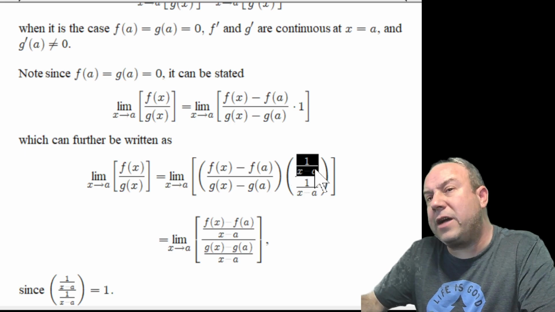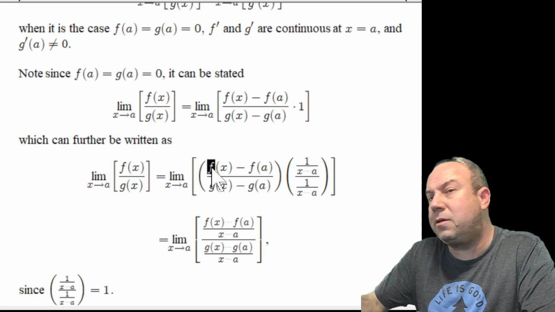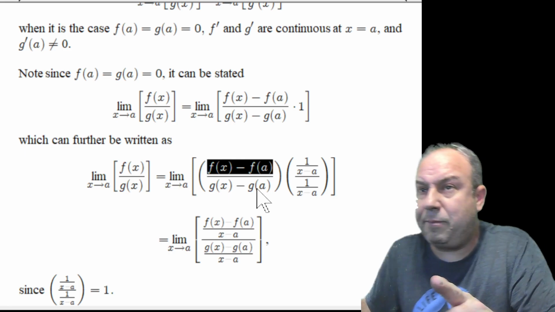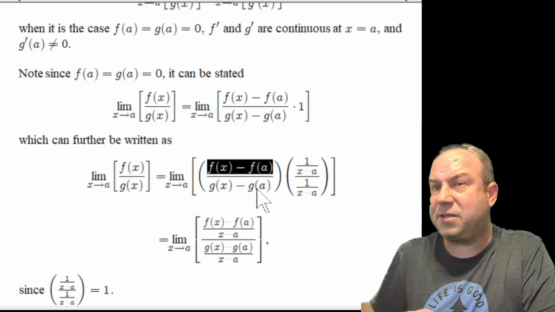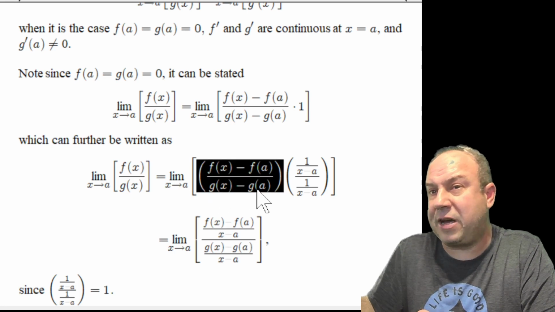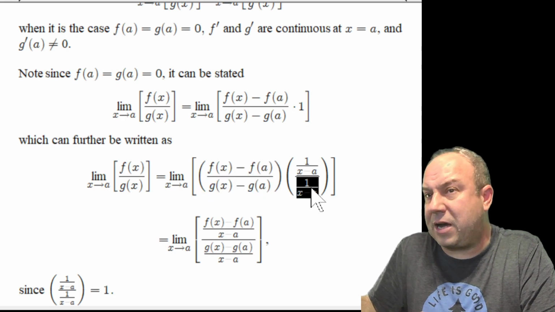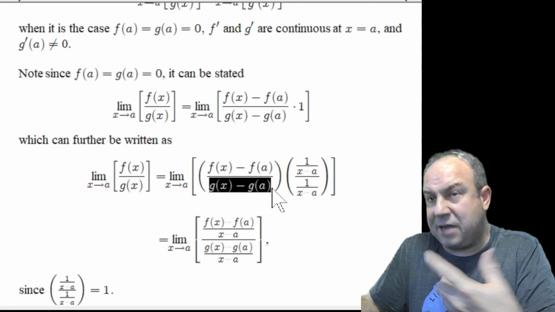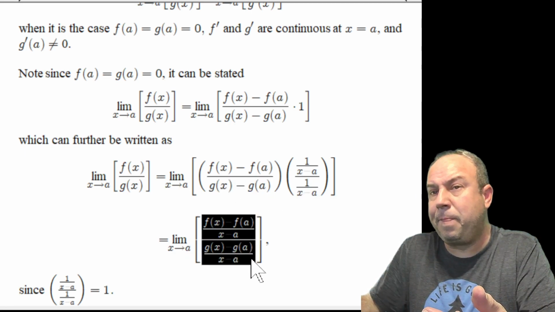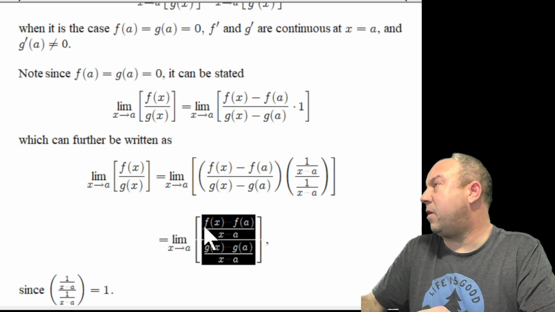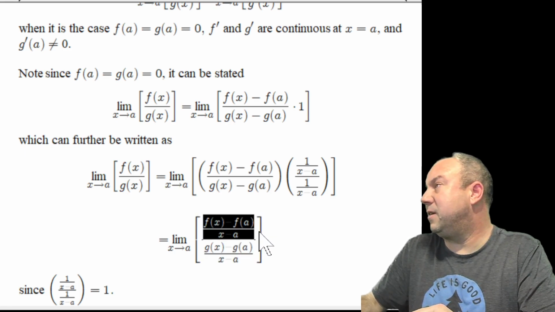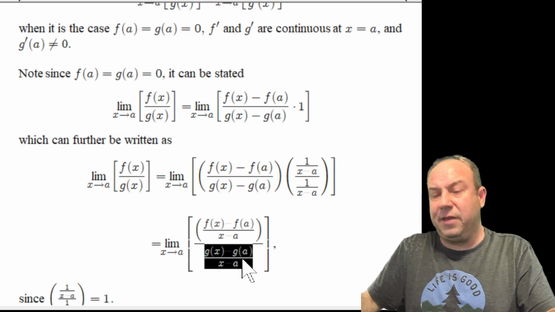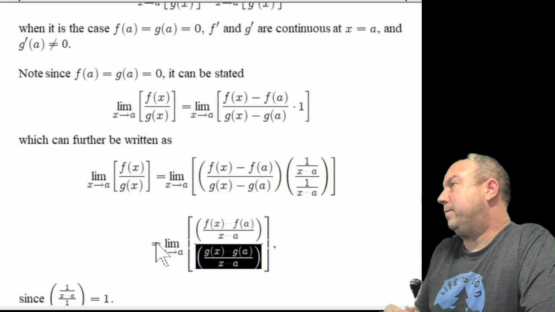Where that 1 over x minus a in this numerator can multiply by the numerator of f of x minus f of a, or over g of x minus g of a. And the 1 over x minus a in the denominator of this factor can multiply itself into the denominator of this factor, producing this result seen here in our argument. This result in the numerator over this result in the denominator.